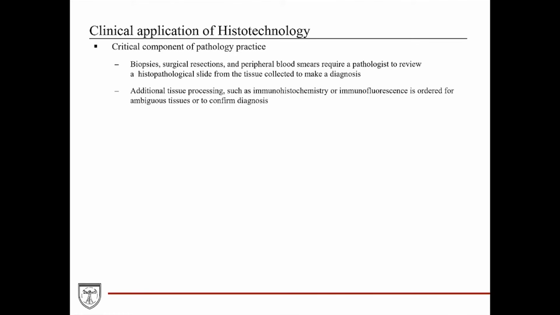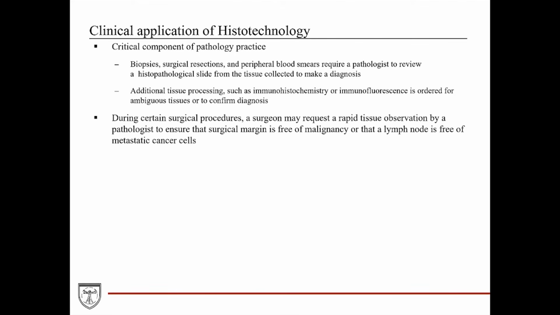Another way histotechnology is used in a clinical setting is during surgical procedures. A surgeon can ask a pathologist to come up and make observations of a tissue taken from a surgical margin or from a sentinel lymph node to make sure that those tissues are free of any metastatic cancer cells.